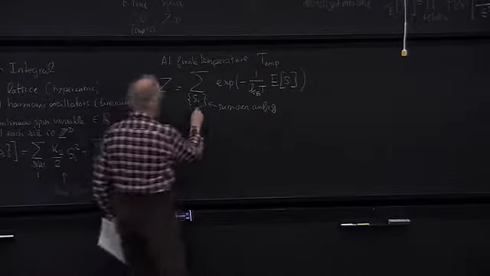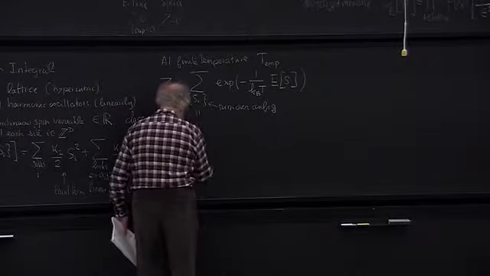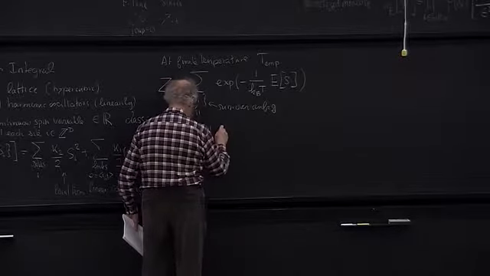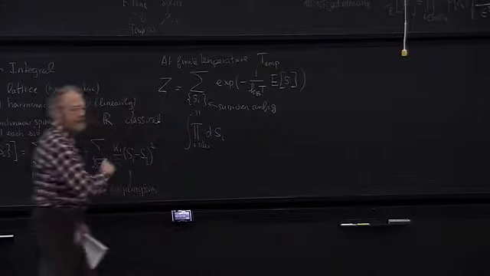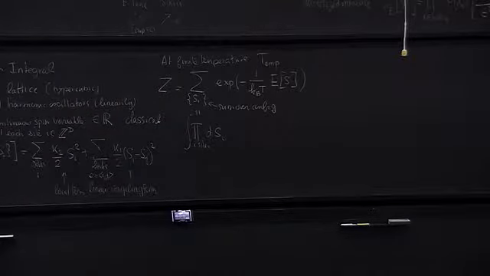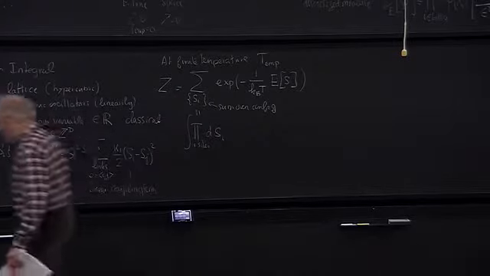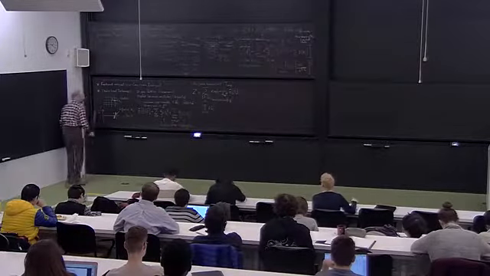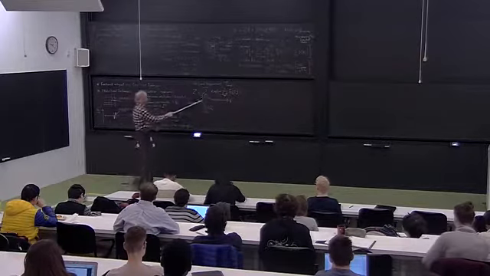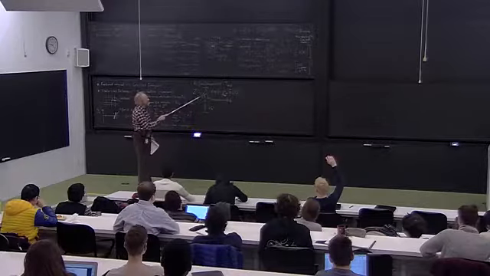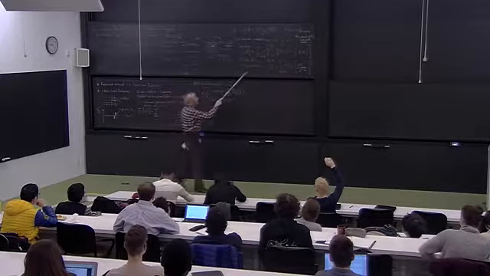So this is just a big integral, product over the sites of dS_i. And you see that this big integral that defines the partition function for this system has exactly the same form as this term.